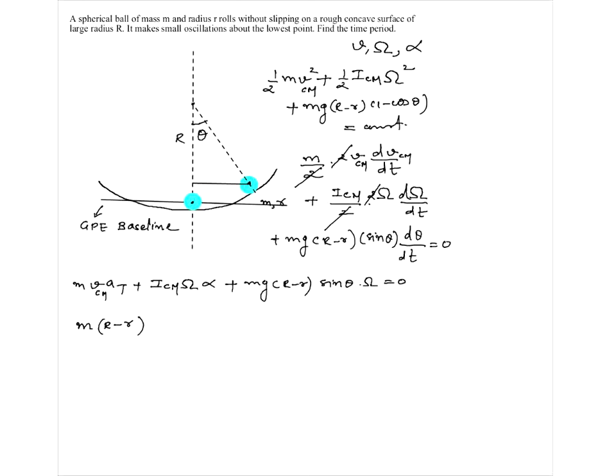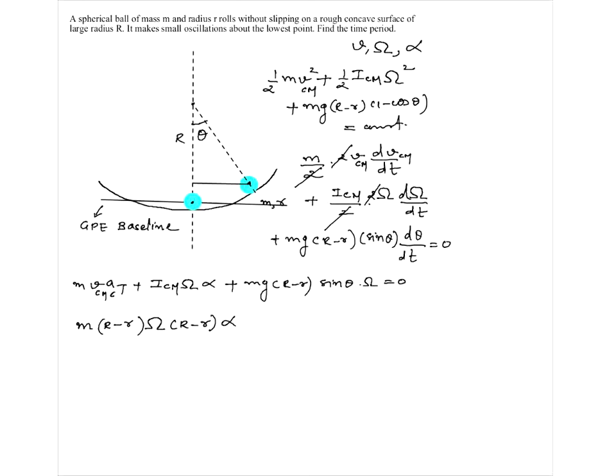Omega. Then a tangential is R alpha. Now technically I can add one more thing. This a tangential has been obtained when we differentiated d v CM by dt. So this a tangential is for center of mass. There are otherwise so many particles inside the ball.